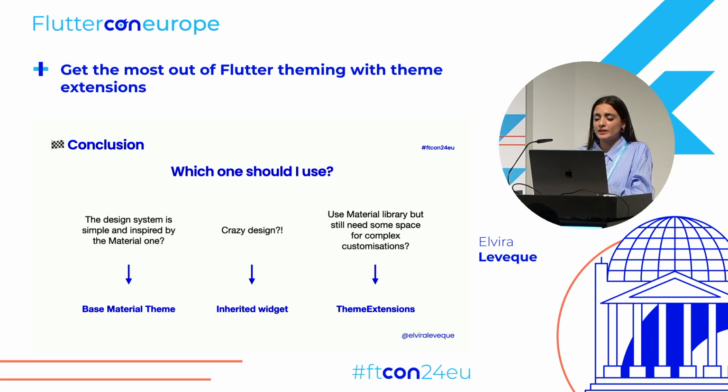And finally, which I think is the most common case, if you still want to use the material library, so the material widgets, but still need some space for a more complex customization, then theme extension is your solution.